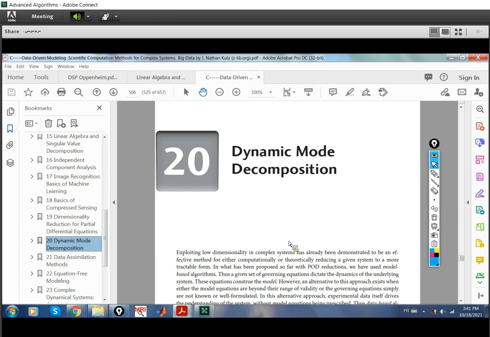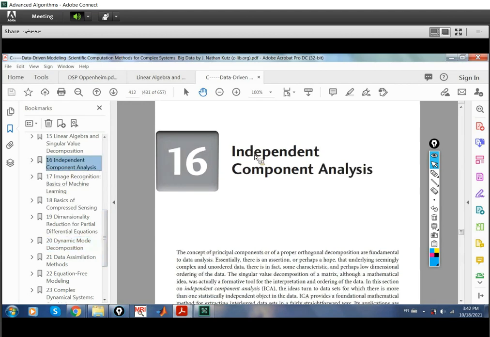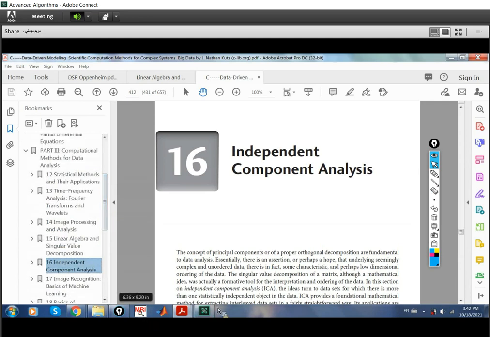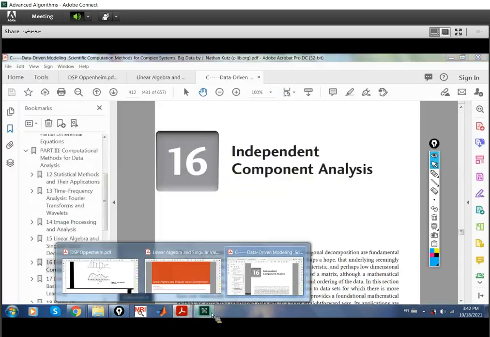We want to be familiar with different algorithms like SVD, singular value decomposition, PCA, principal component analysis, and DMD, dynamic mode decomposition, and ICA, independent component analysis. Step by step, in these 3 chapters, we will become familiar with these algorithms.